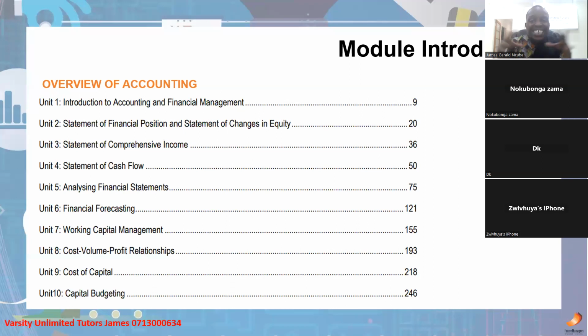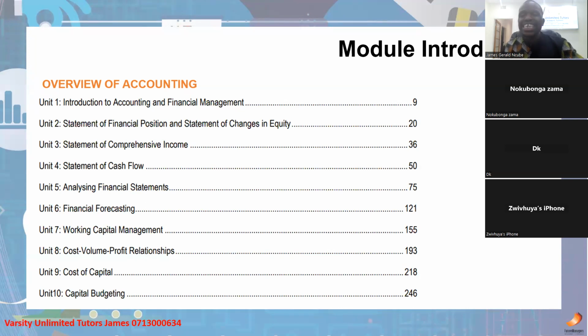Once you understand those core concepts, you go a step further and start to assess and analyze this information so that you can make decisions within your company. For example, should we as an organization increase our prices or decrease our prices? What level of sales should we attain in order to be profitable?